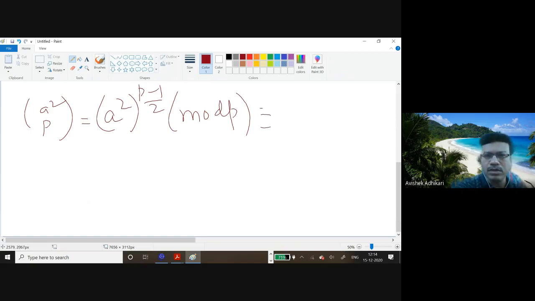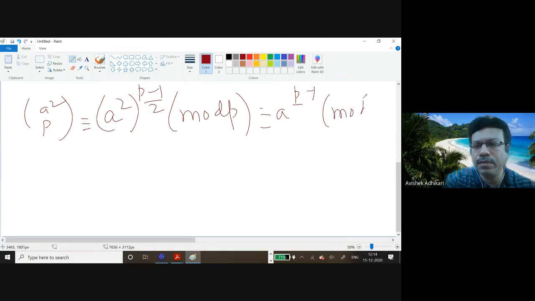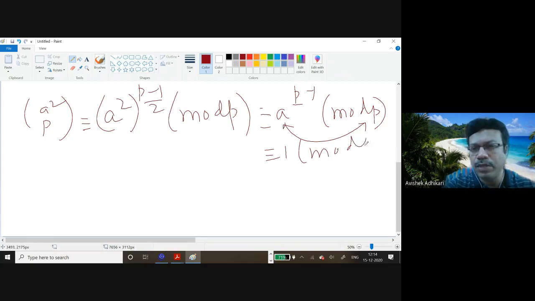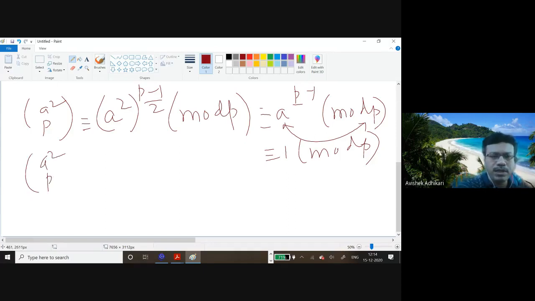This is nothing but a to the power p minus 1 modulo p, right? And since GCD of a and p is 1, by Fermat's little theorem, you can say that this is nothing but 1 modulo p. And again, by 3 extra steps, you can readily prove that (a square/p) is exactly equal to 1. Okay. So you are done basically.